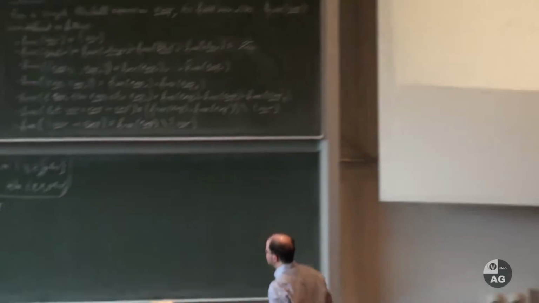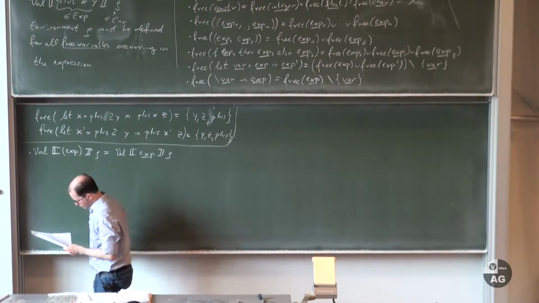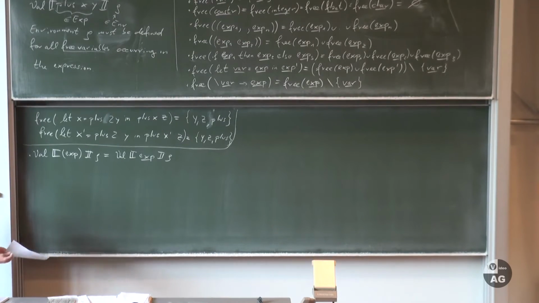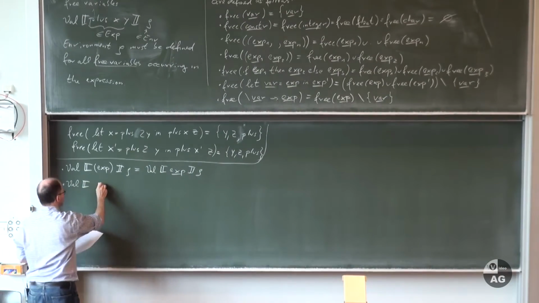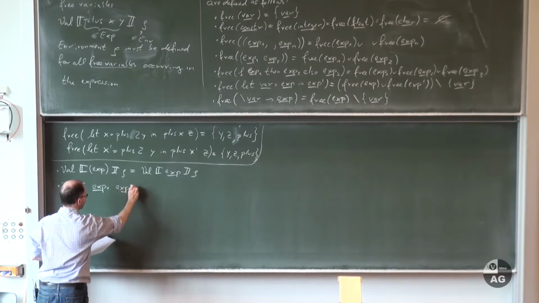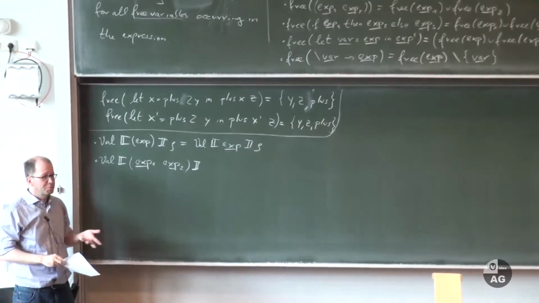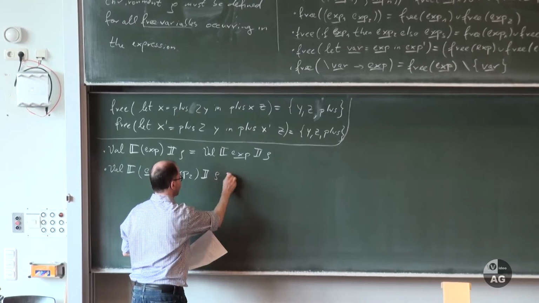Now the next case are applications. So what happens if we apply one expression to another expression? So what is the semantics of something like this, where one expression is applied to another expression? So now we have to define formally what it means to write two expressions beside each other in some environment rho.